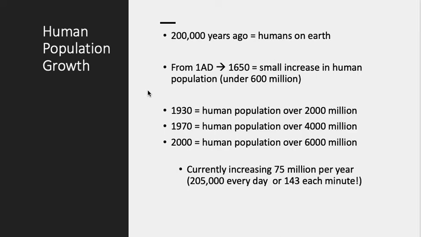Now, currently, our population is increasing at a rate of 75 million per year globally, which equates to 205,000 per day, or 143 every minute. So when they say there's one born every minute, there might only be one mug born every minute, but there's roughly 143 babies born every minute.